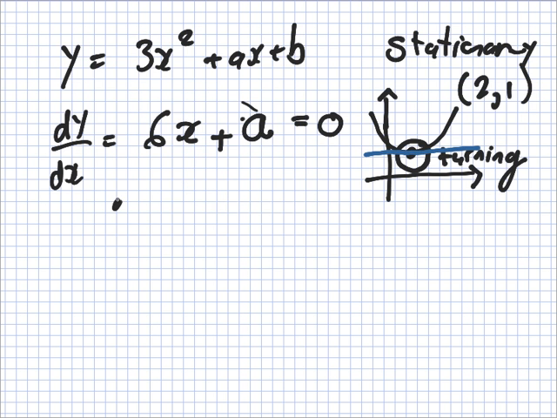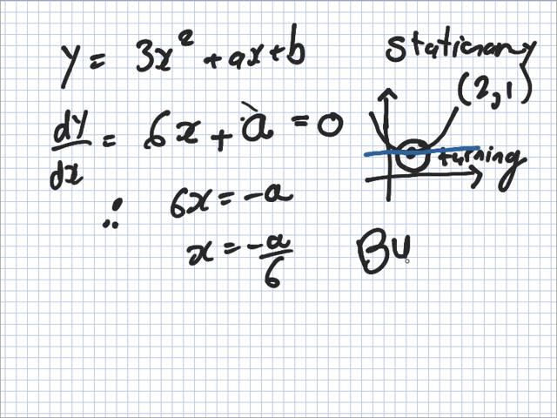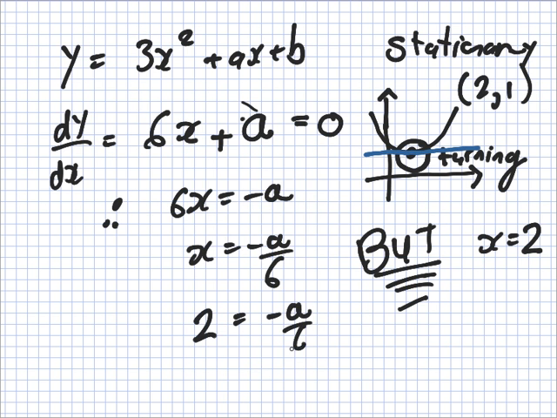So therefore 6x must equal minus a, and so x equals minus a over 6. But you're told that x should be 2, because you're told the answer here. So that means 2 should equal minus a over 6, and so a has to equal minus 12.